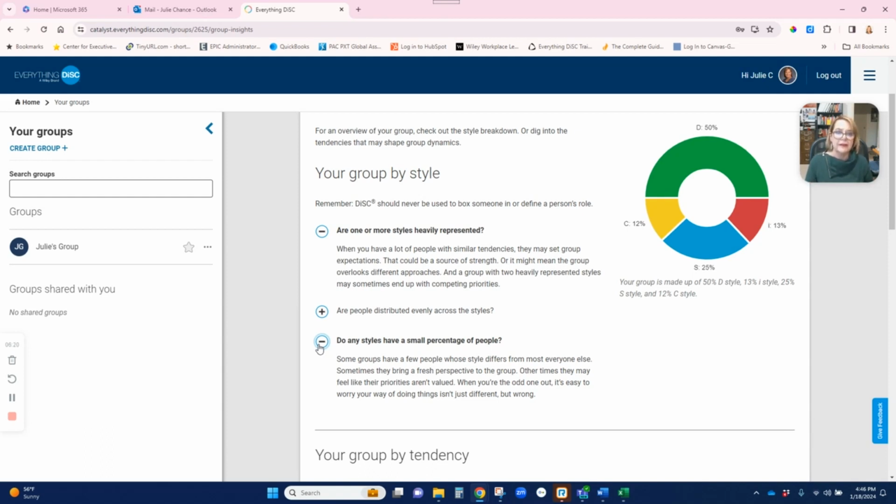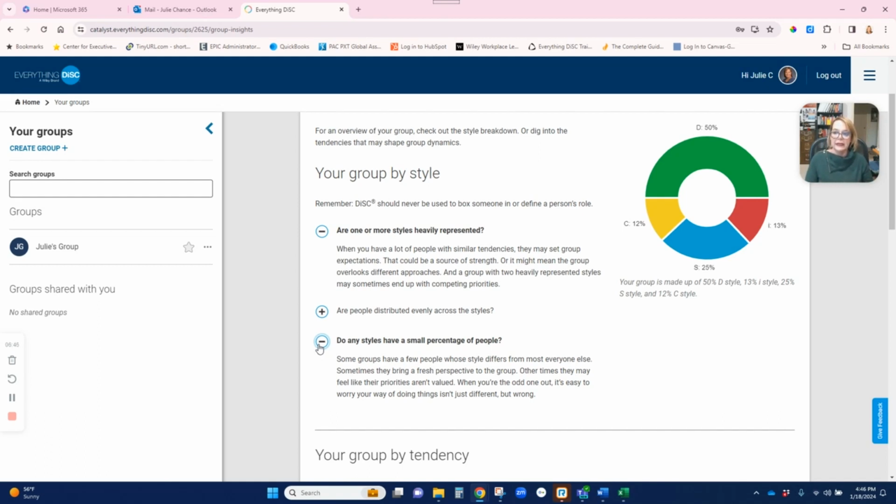Talk about what are the advantages, regardless of the breakdown of the group. What are the advantages and maybe what are some of the disadvantages of this group culture? And how do you see that playing out day to day? What are some specific examples of how that advantage plays out, or some specific examples of how that disadvantage plays out?